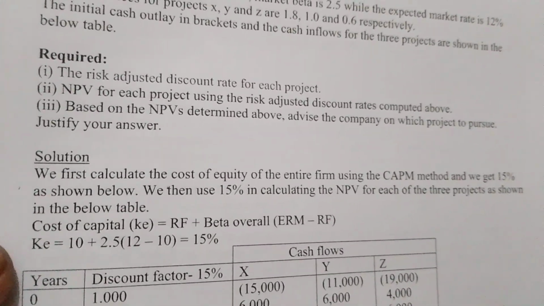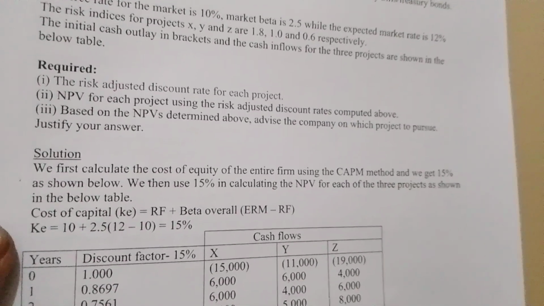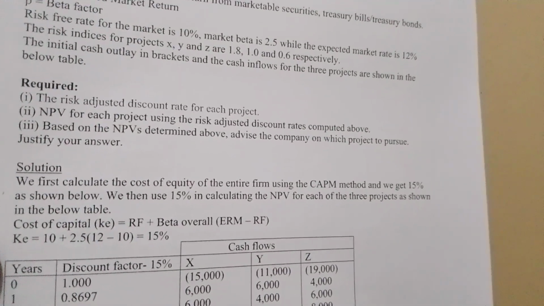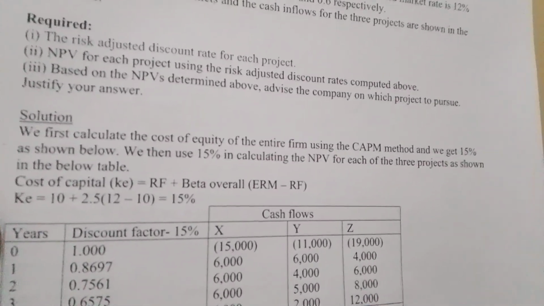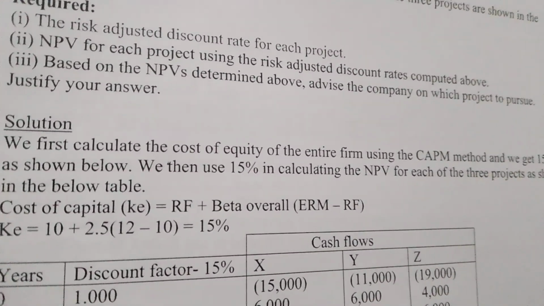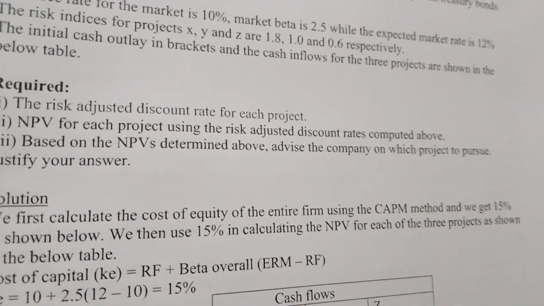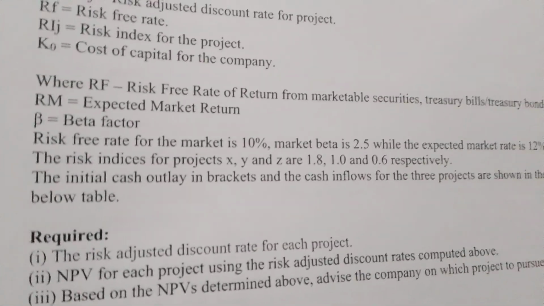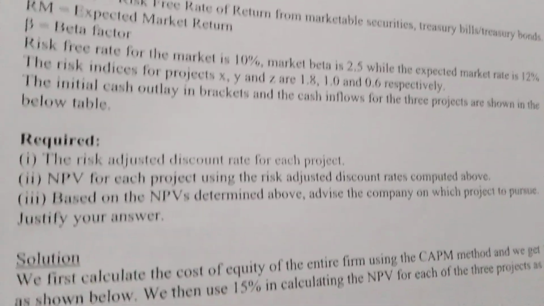Now we are saying that we first calculate the cost of equity of the entire firm using the CAPM, and we get 15%. So let's see how we have calculated the cost of equity. KE is equal to 10. What is 10? 10 is the risk-free rate. We said the risk-free rate for the market is 10%.